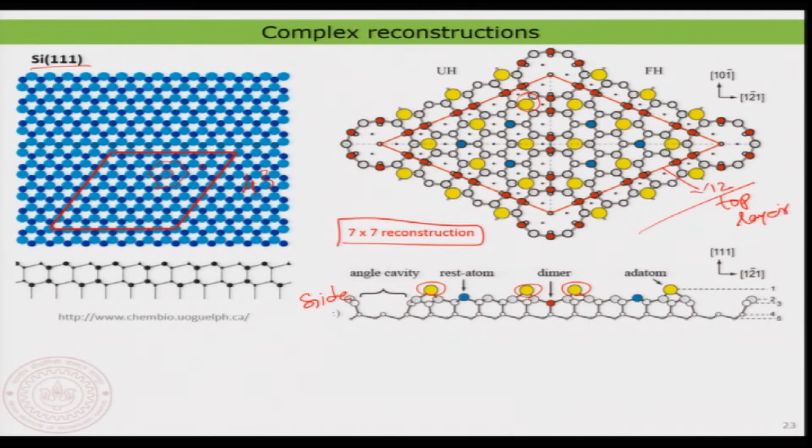This is quite interesting. Now you understand the philosophy behind the reconstruction of the surface: the surface reconstructs in a way that the total number of surface atoms is reduced by about 1/4 of the original. This is quite striking.